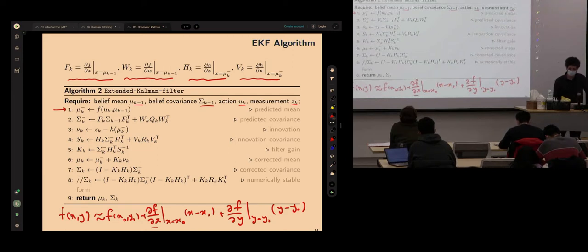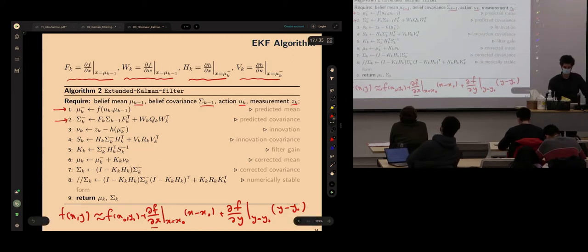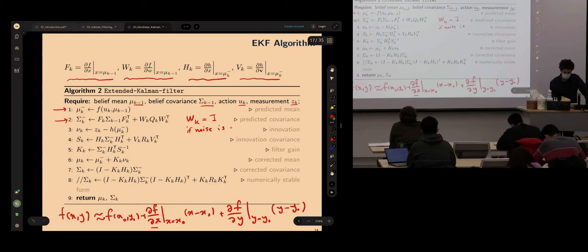To propagate the covariance, use the linearized model. Again, W_k can be identity if noise is additive, right? So you're just going to see Q.